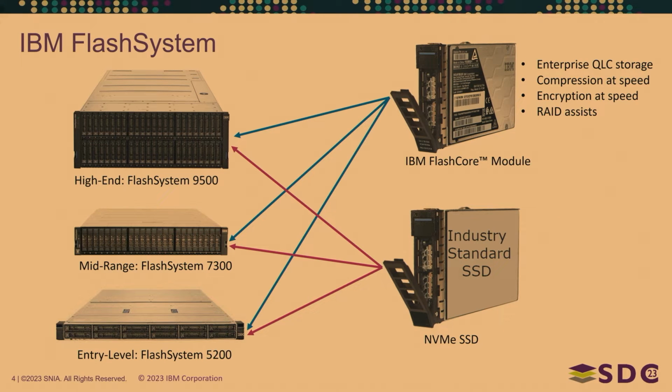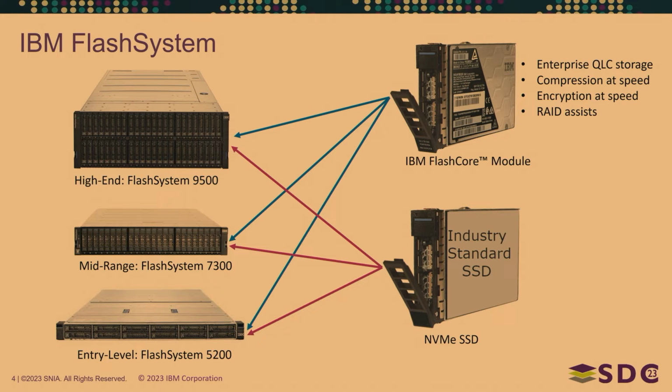Looking at the IBM FlashSystem portfolio, we currently have 3 main enclosures: the high-end 9500, which is a 48 drive enclosure, a mid-range 7300 with 24 drives, and an entry-level 1U with 12 drives, the 5200. It can use either industry standard SSDs or what I'm going to focus on, the IBM FlashCore Module, which is an enterprise QLC SSD.